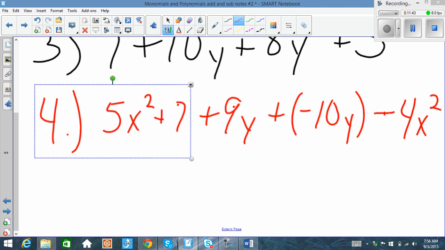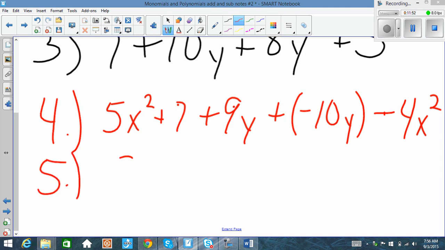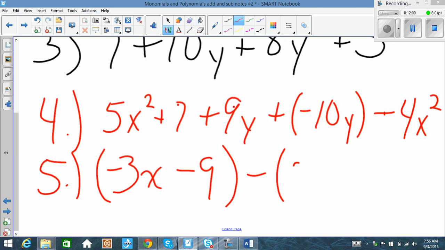Combine like terms in number 4 there. And one more, number 5. What is 3x, negative 3x, minus 9, minus 2x plus 10? Combine like terms, simplify those. That's the end of the notes. Thanks.